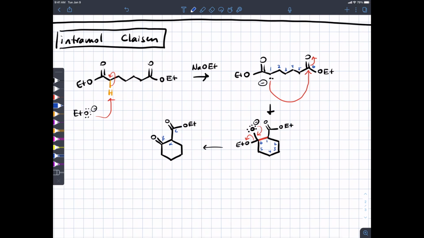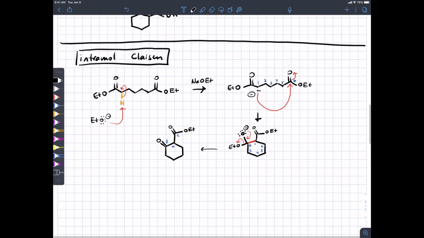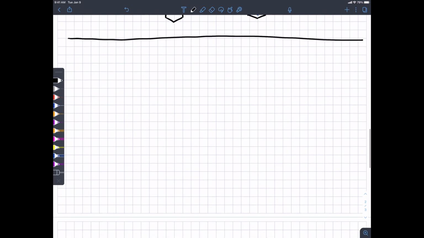So why worry about the Claisen reaction? It turns out that biology has a version of this Claisen reaction that's pretty important in the synthesis of long-chain fatty acids. In the previous unit, we talked about ester hydrolysis under basic conditions, or the saponification reaction, where we hydrolyze the ester linkage between glycerol and the fatty acid that's present in the triglycerides, or fats and oils.